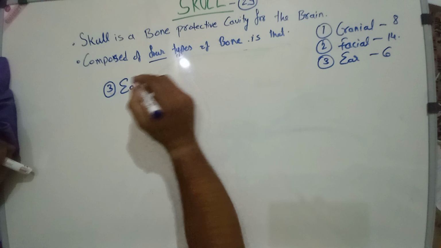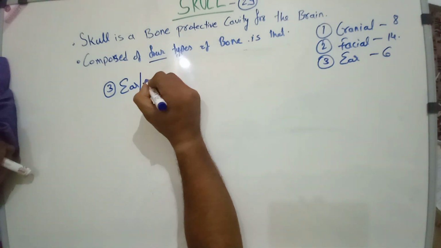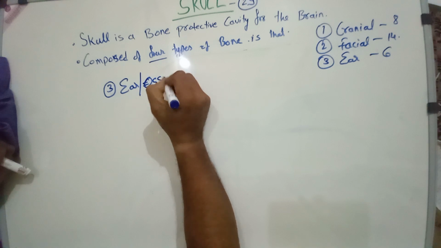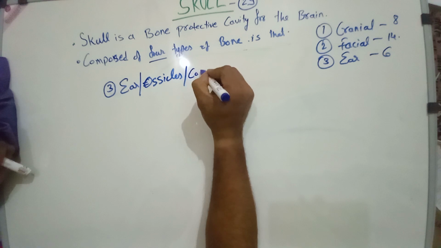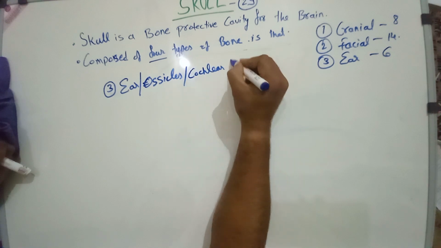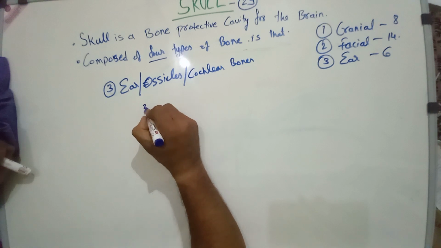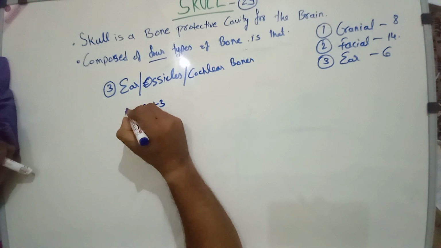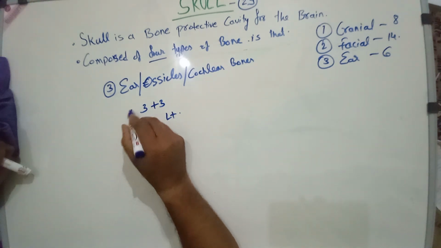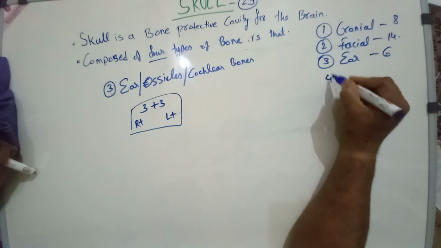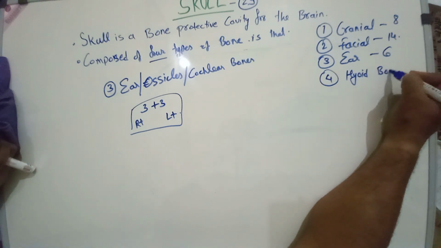Also called ossicles, and in ENT they call them cochlear bone. So how many are they? They are 3 plus 3, 3 is right and left. Okay. And fourth one is hyoid bone.